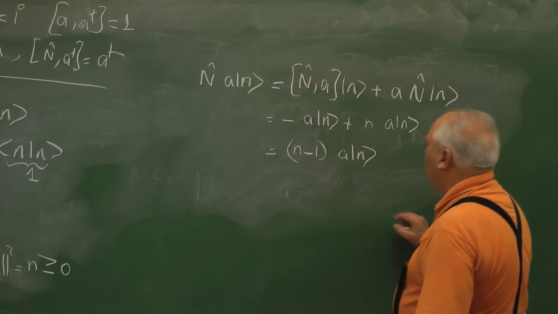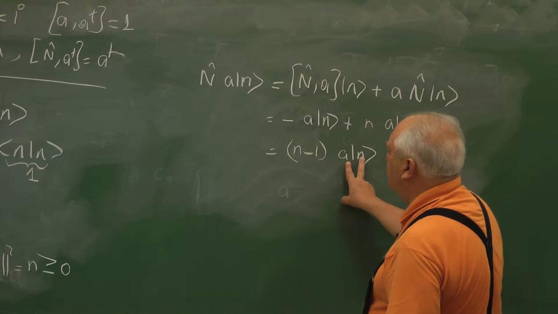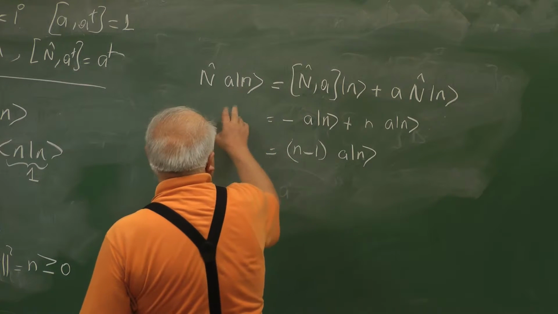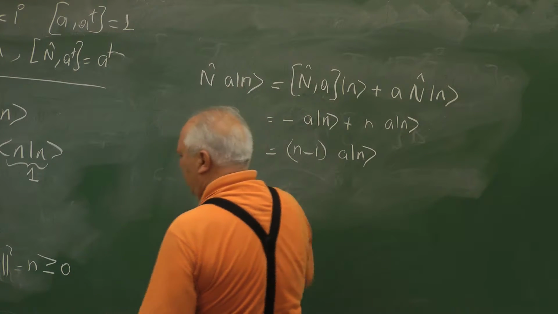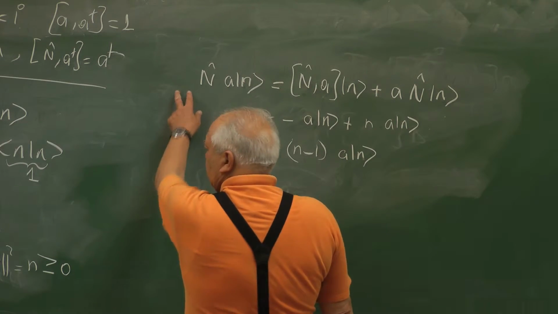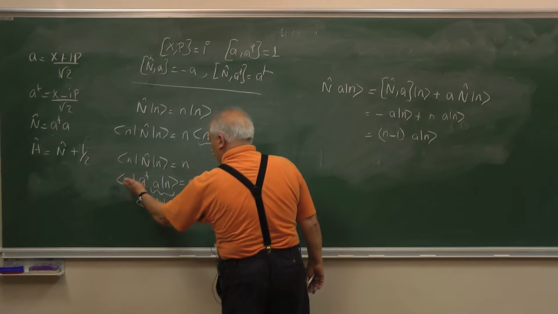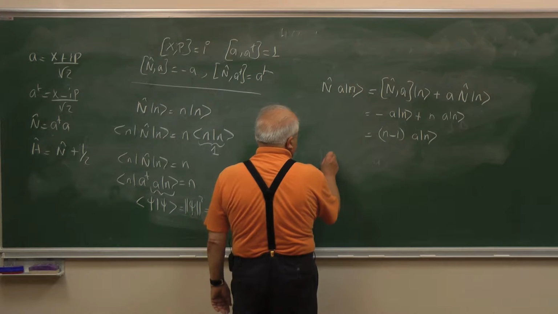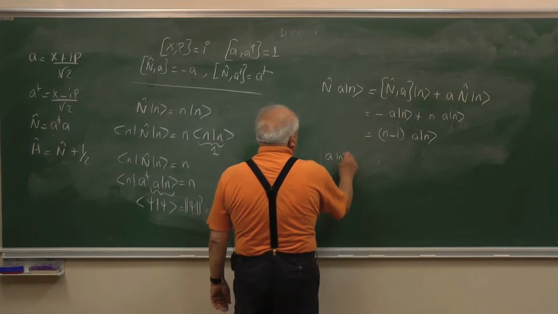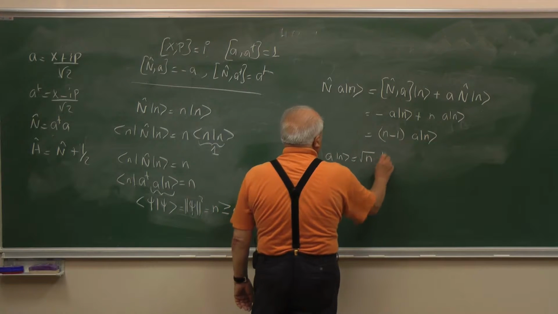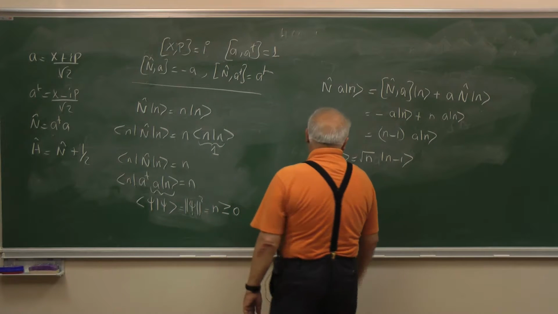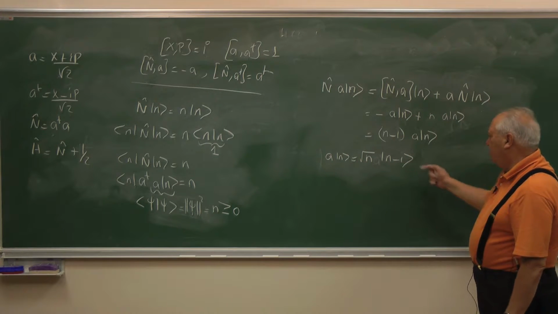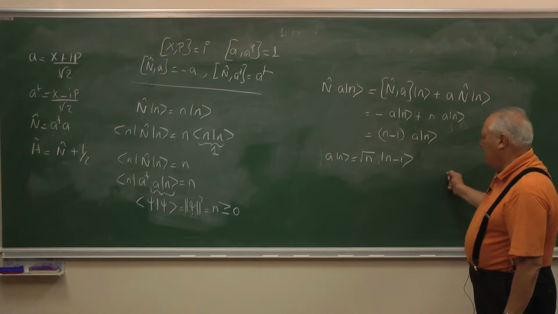In fact, we even know the proportionality constant, because if it's something proportional to |n minus 1⟩, and this is also the same thing, conjugate, and it's giving me n, so I can write a|n⟩ is root n |n minus 1⟩, where |n minus 1⟩ is the normalized state.